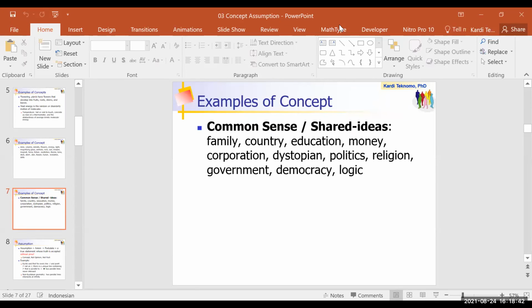Okay, until here first, the concept. What do you think? I said money is just a concept. It's a concept, meaning it's a shared idea.